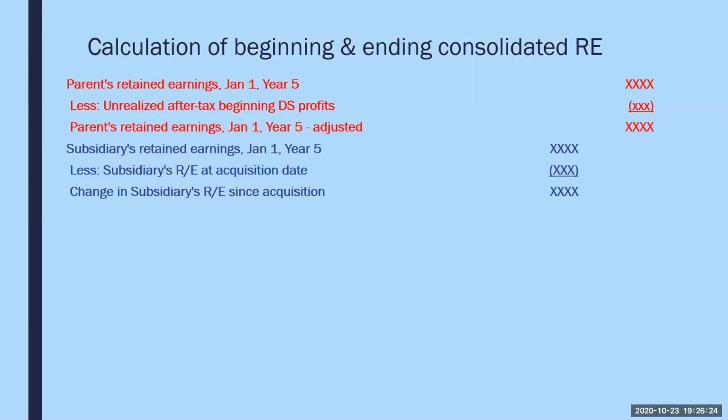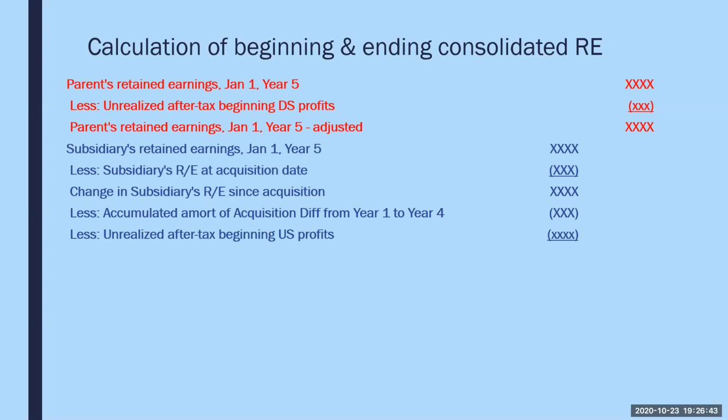From this amount, we will subtract the accumulated amortization of acquisition differential from the date of acquisition, say that was Jan 1st, year one, up to the end of year four, i.e. up to the end of last year. We will also subtract any unrealized beginning upstream profits, and that must be after taxes.